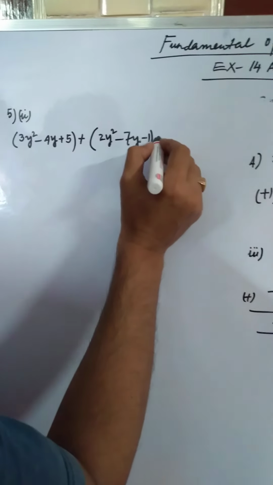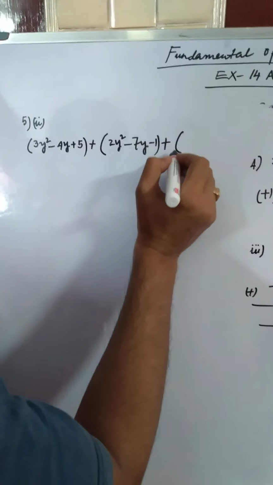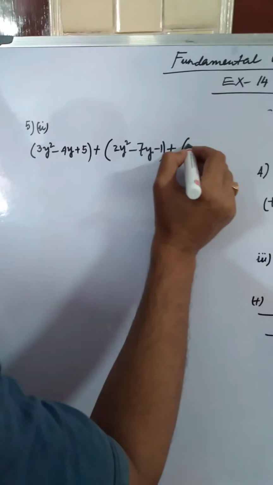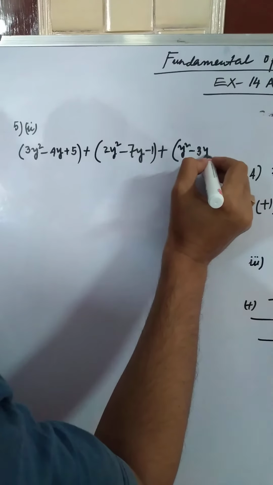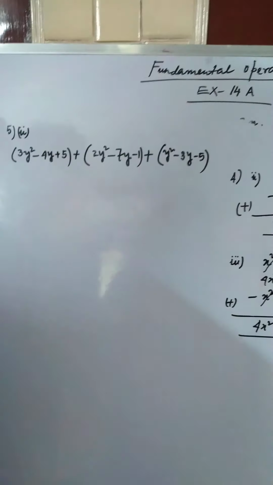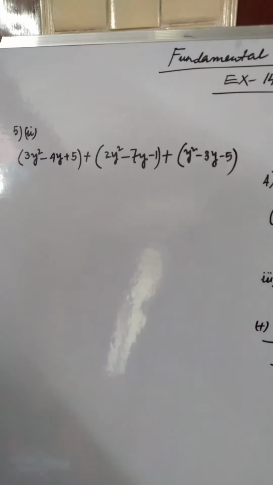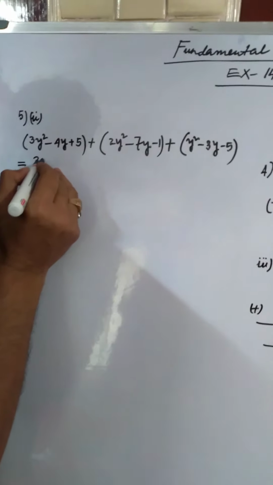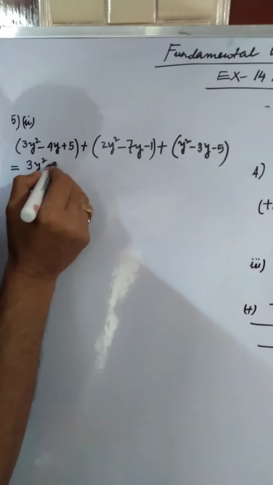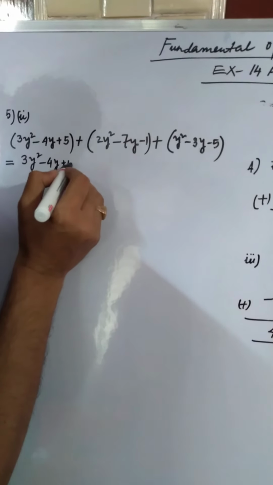Again a comma is there, so give a plus sign and use the third one within the bracket, y square minus 3y minus 5. Now step 2, remove the bracket. 3y square minus 4y plus 5.